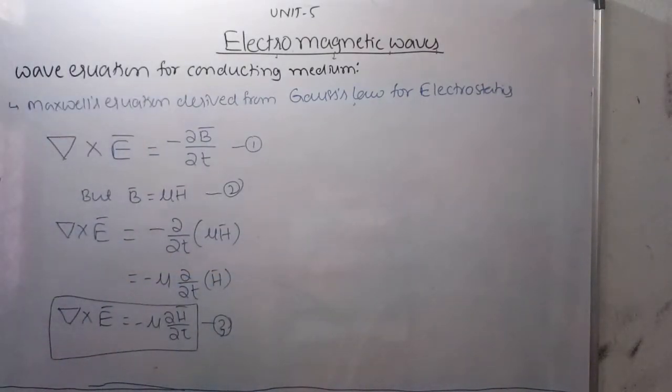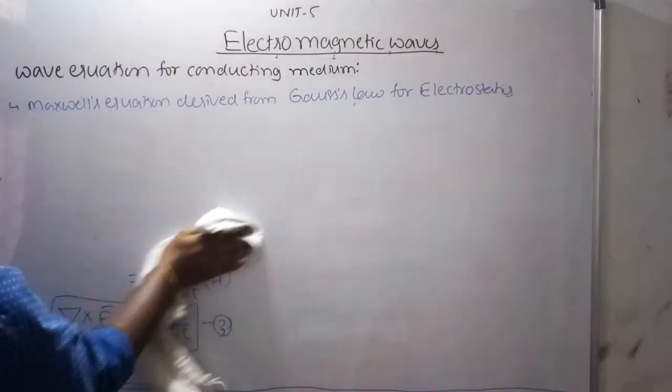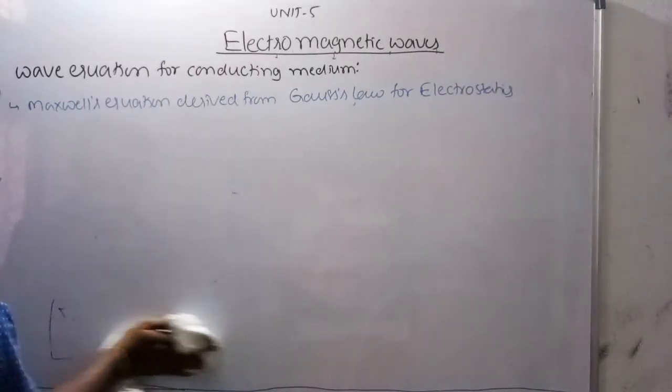What is the Maxwell's equation derived from Gauss law for electrostatics?